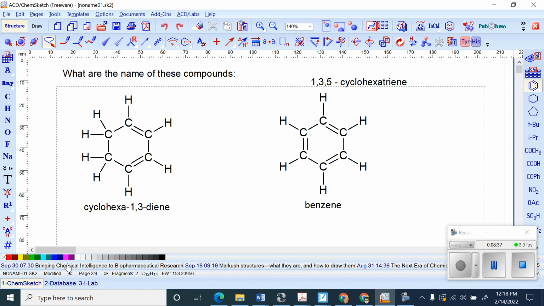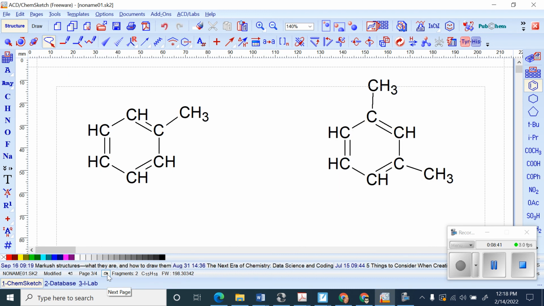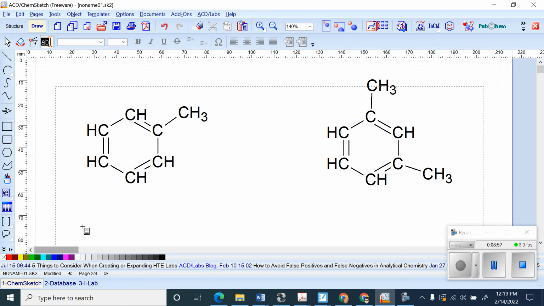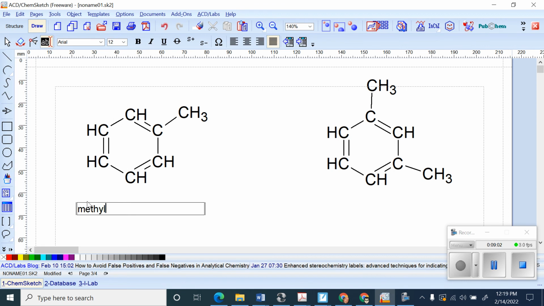So then, if you have a methyl group on a benzene, its name becomes just methylbenzene.